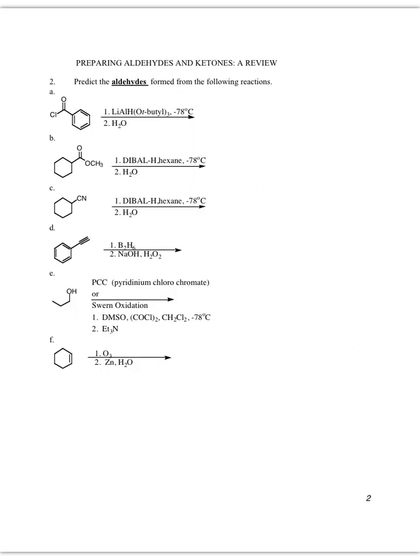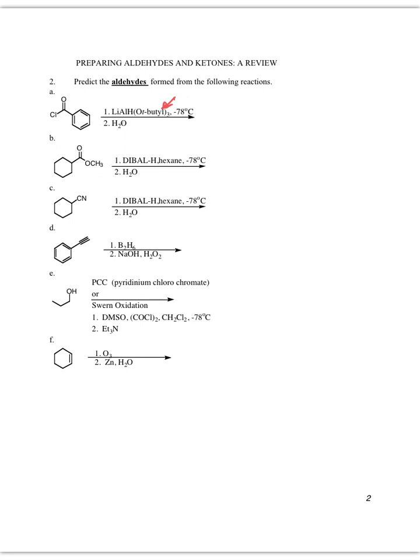Okay, so can we draw an aldehyde for each of the following compounds? Lithium aluminum tri-t-butoxyhydride, sorry, wrong pen, is a reducing agent because it has that hydride.